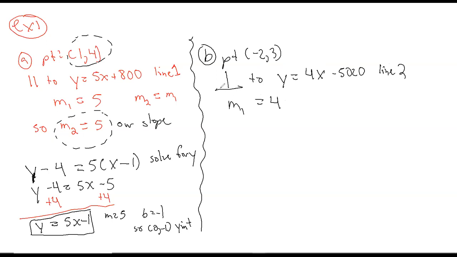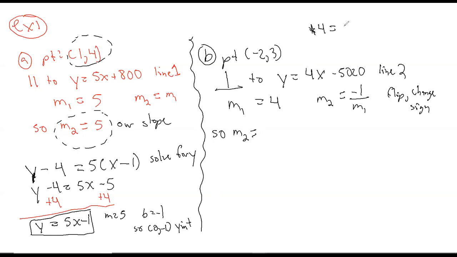But we need to make a perpendicular line, so the second slope is the negative reciprocal of the original slope. So the slope of the line that we need, we'll call m2. Now 4 as a fraction is 4/1.